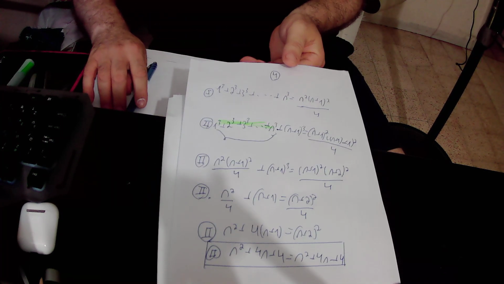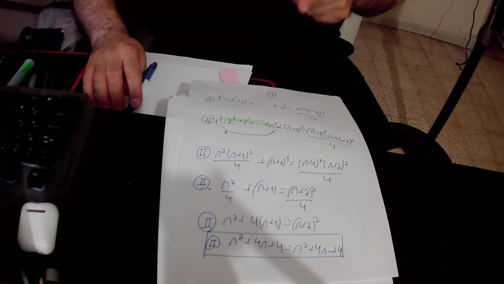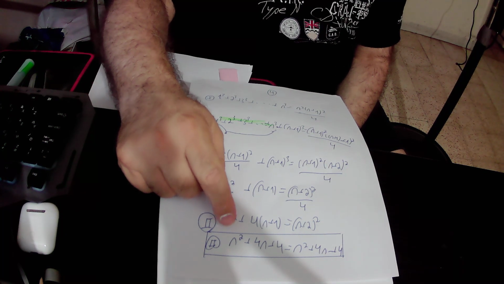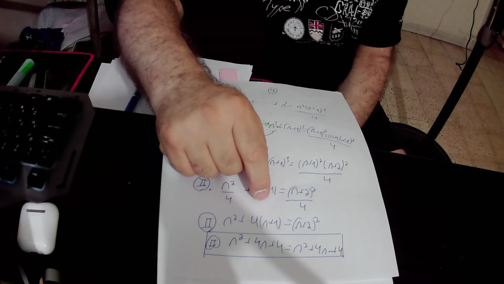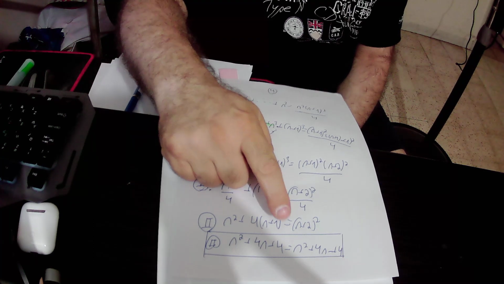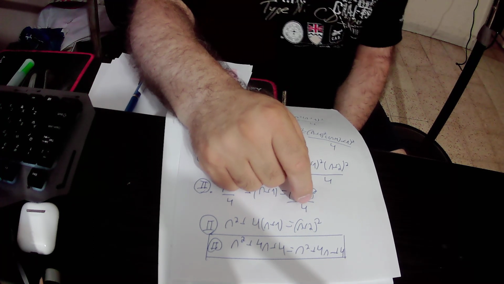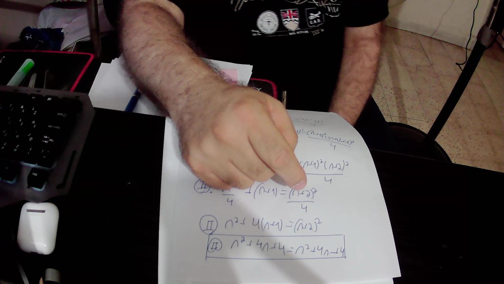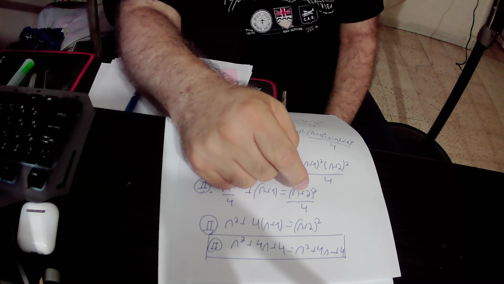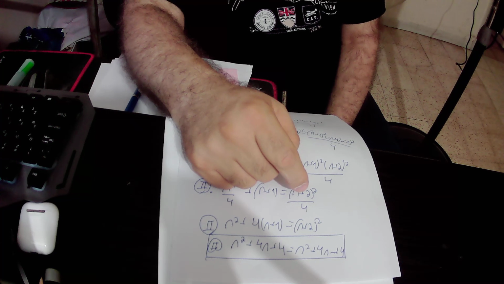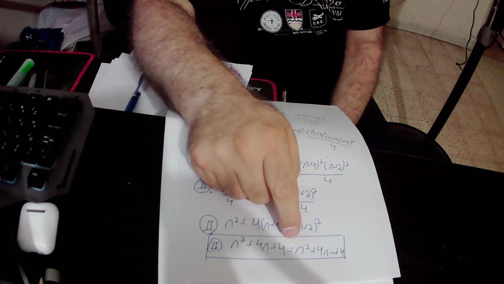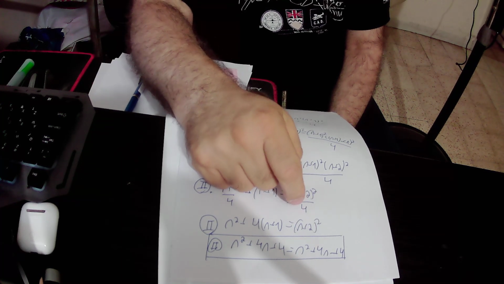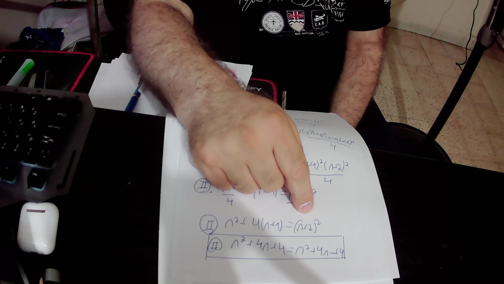So here, after we opened the brackets, we got that here it is n squared. We copied it as it is, and 4 times (n plus 1) equals 4n plus 4, and (n plus 2) squared equals, according to our rule that (a plus b) squared equals a squared plus 2ab plus b squared, n squared plus 2ab, which is 2 times 2n, so it is 4n, and 2 squared is 4.